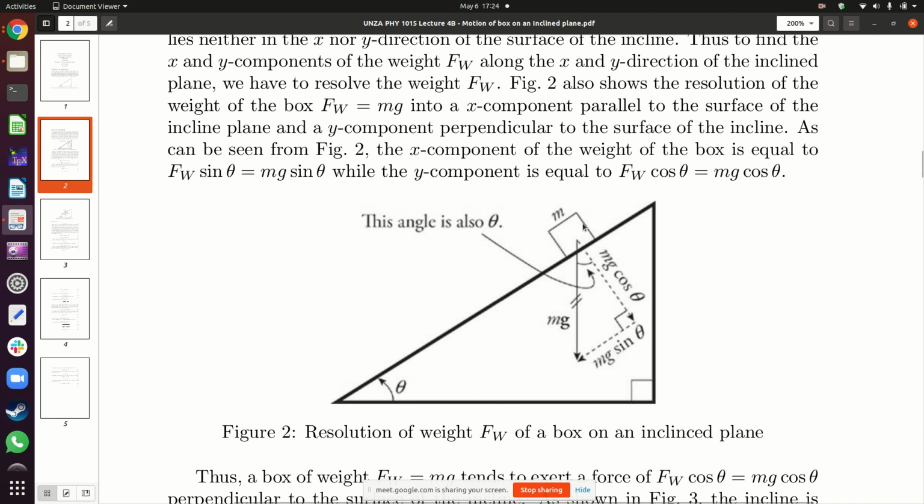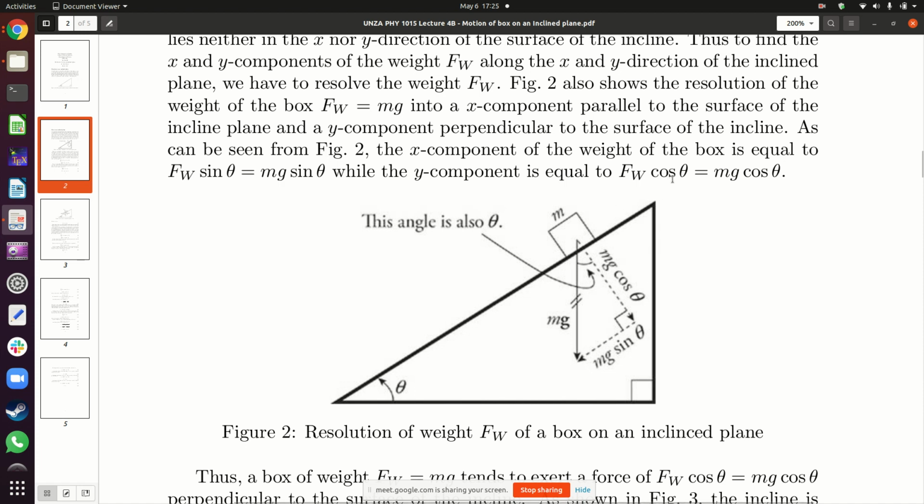So in this case, on this incline, since our object most likely when it slides on its own is going to slide downwards, we choose the downward direction in which the object is going to slide to be our positive x-axis. So downwards along this direction, we choose that to be our positive x-axis. Then if that is our positive x, so coming down this way, it means going up is going to be our negative x-axis.